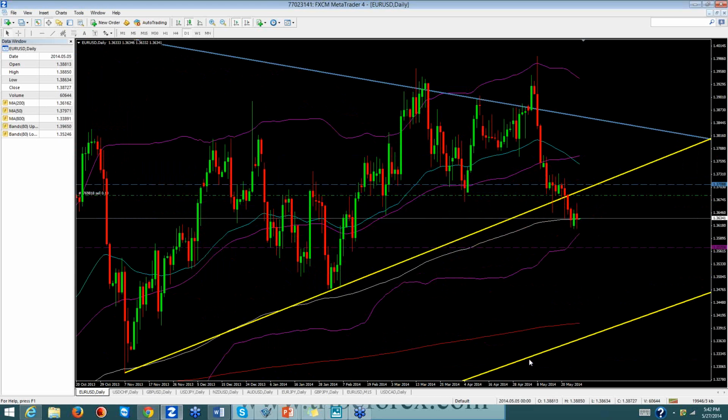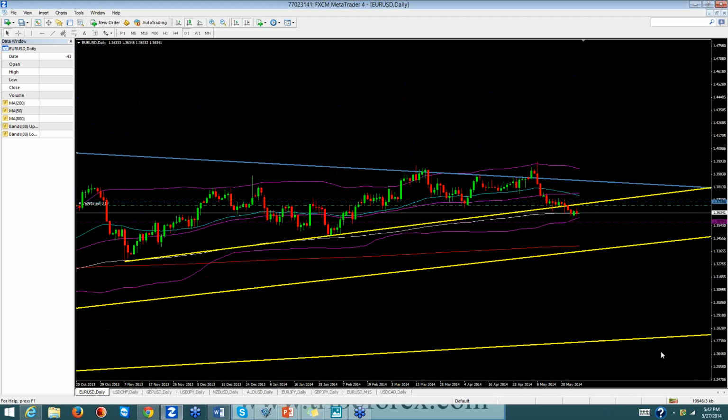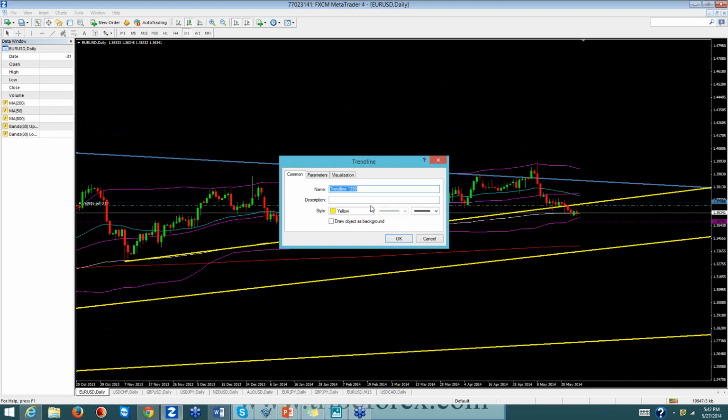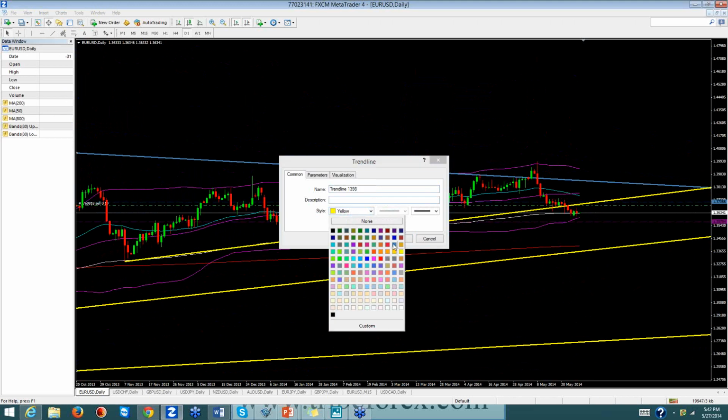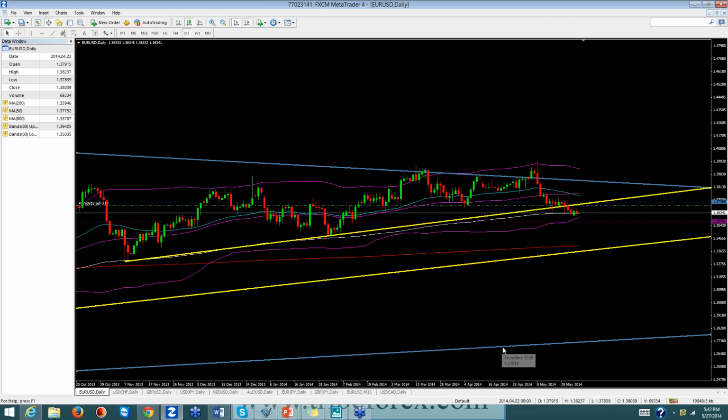So my steel blue areas of support and resistance, they need to be noted. Totally just need to automate this.